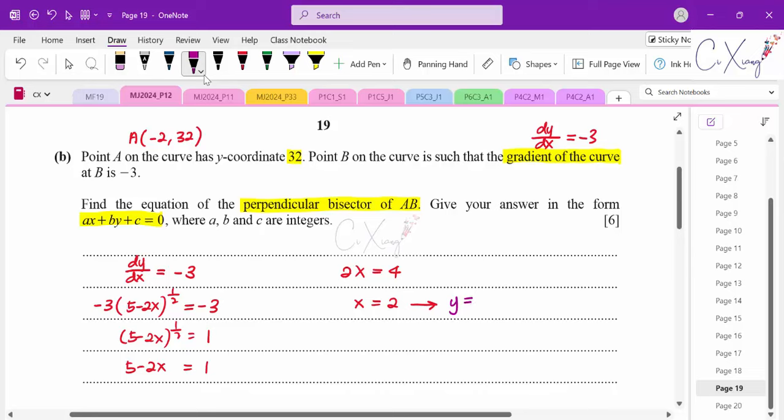So the y equation that I get is (5 minus 2x) to the power 3 over 2, plus 5. So 2 times 2 is 4, then to the power 3 over 2, so you're having 1 plus 5, where y equals 6. And from here, you know that your coordinate B is actually 2 and 6.